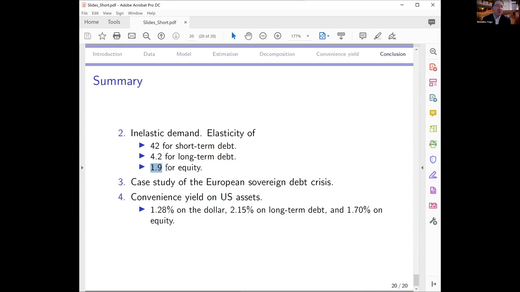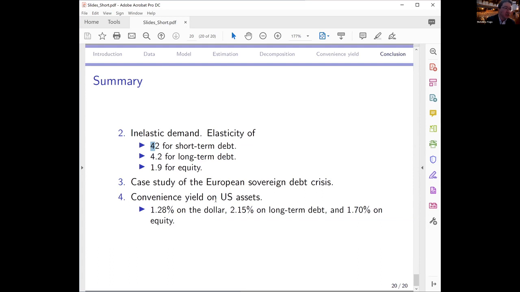An elasticity of 1.9 implies that fairly small shocks can have large price impact, because investors have low substitution of equities across countries. We also have lower than expected estimates of elasticities for both long-term debt and short-term debt. As a consequence, investor shocks can have a fairly large impact on prices.